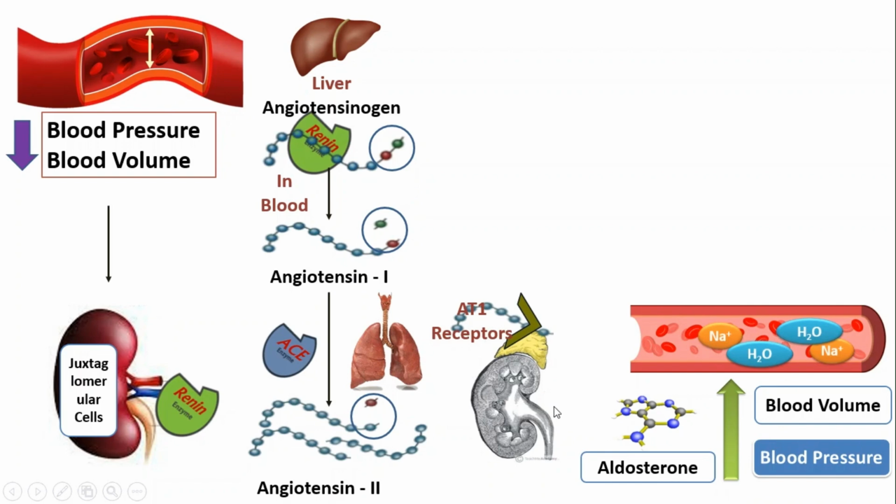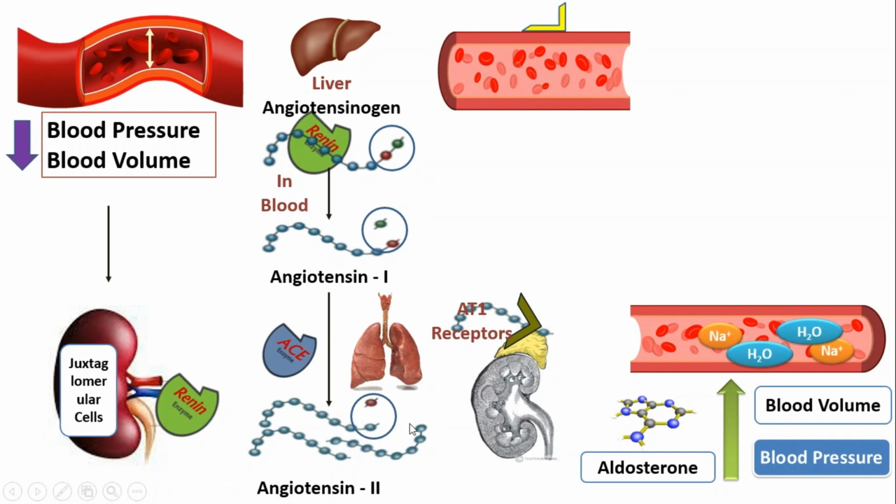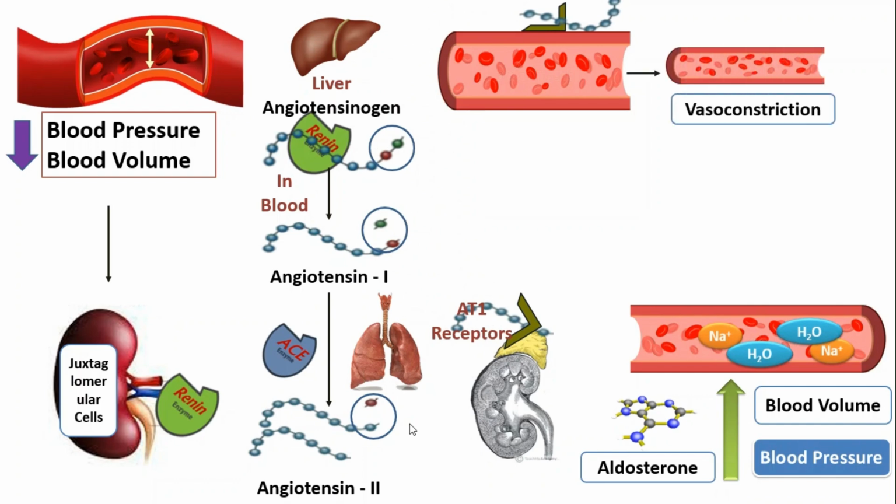Activation of the RAS pathway does not increase the blood pressure by one way only. Angiotensin 2 also binds with the AT1 receptor present on the blood vessels. Once the AT1 receptor becomes active on the blood vessel, it leads to strong vasoconstriction. Vasoconstriction leads to an increase in the blood pressure. Again, the blood pressure has gone up.